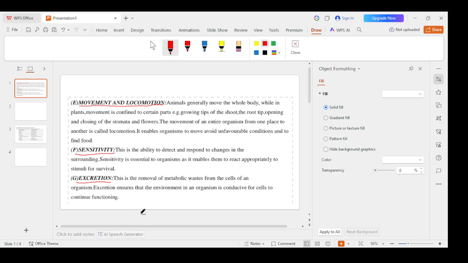So let me just write the examples here. This is in animals, and I'll explain in detail.